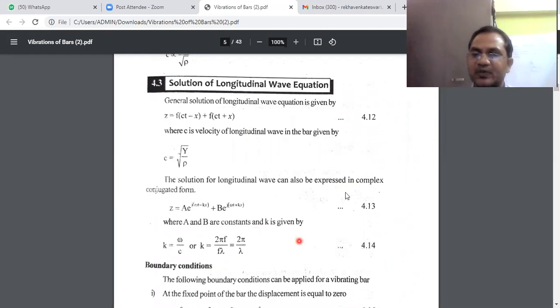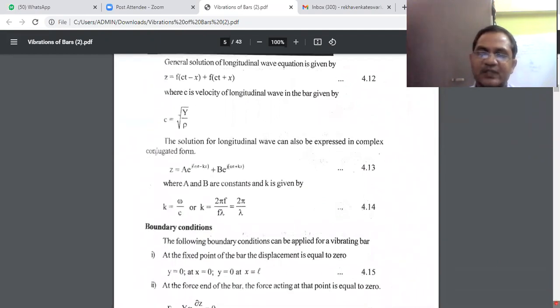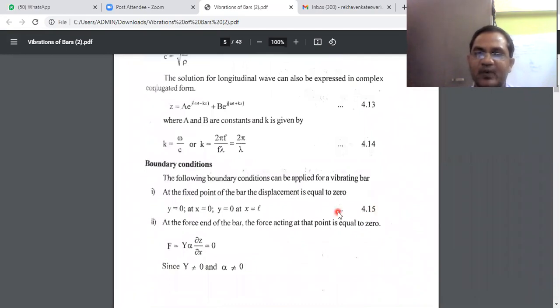All these terms we are very familiar with. Now, here there are two boundary conditions. The first one is when the rod is fixed at one point. At the fixed point of the rod, since the particles cannot vibrate, the particle displacement is taken as 0. For example, consider a bar of length L fixed at both ends.